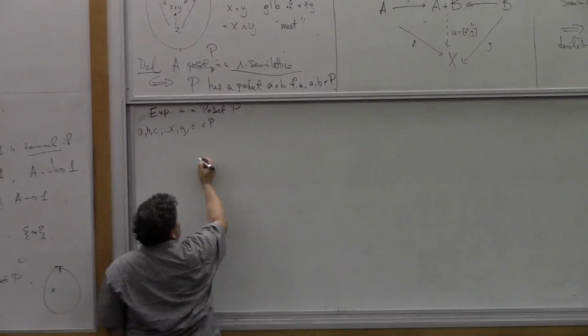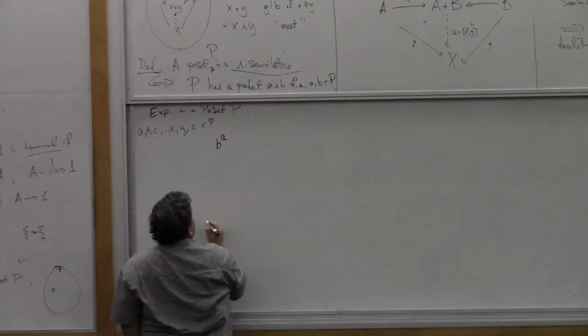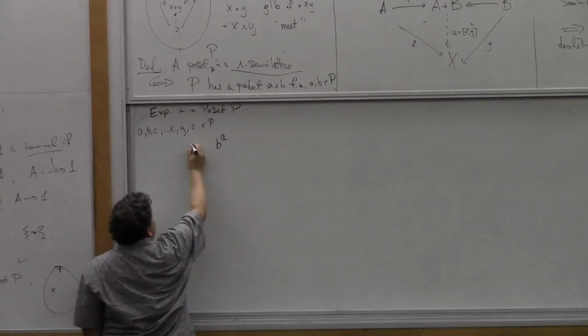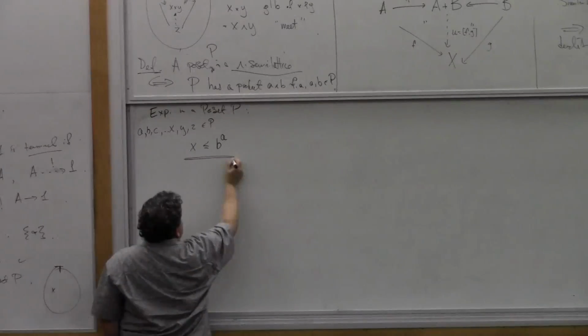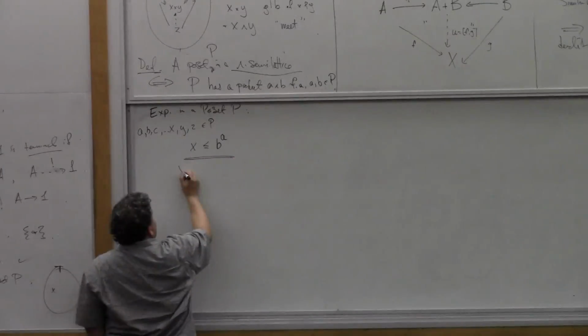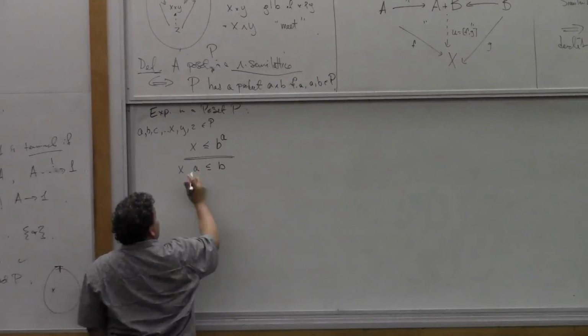So what would an exponential be? It would be an object B to the A, and it would have to have the following property for any x. If x is less than or equal to B to the A, then x cross A is less than or equal to B. But the product we know is a meet.